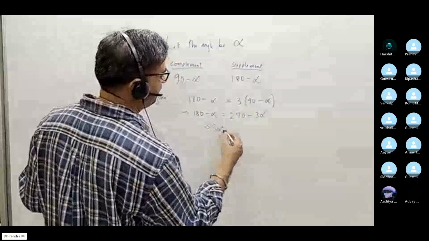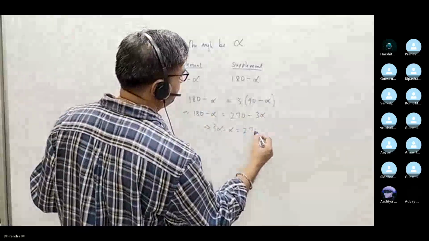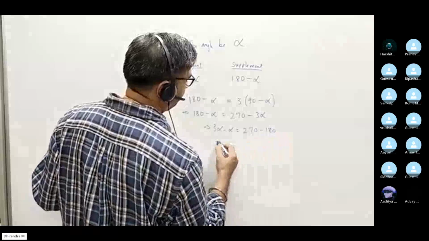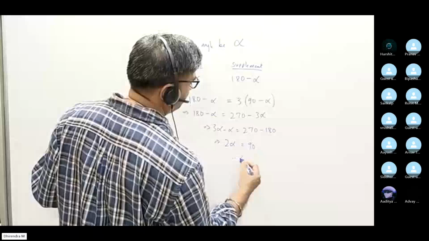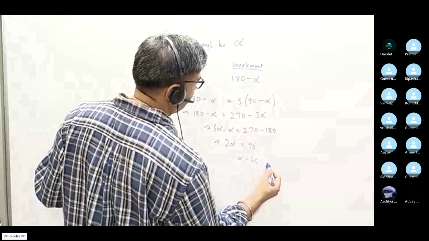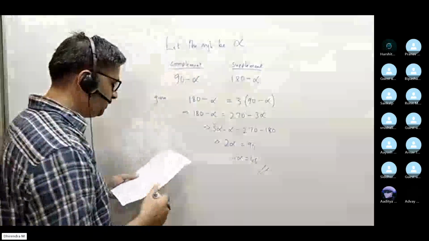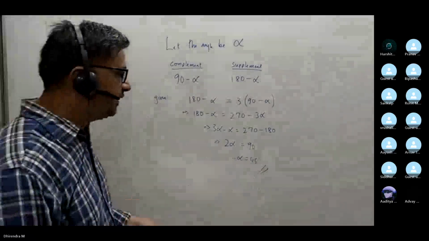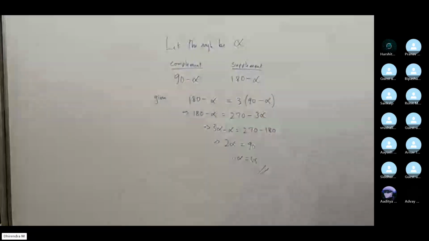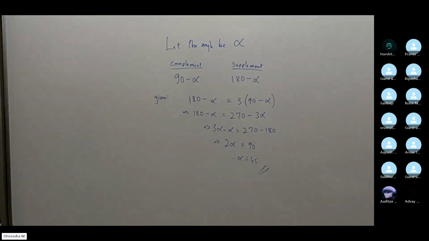We bring 3 alpha on this side, it becomes 3 alpha minus alpha is equal to 270 minus 180. So 2 alpha is equal to 90 degree. Therefore, alpha is equal to 45 degree. That's it, end of the story. So what is the question? Find the angle. So the angle is 45 degree. Convinced, confused, not sure?